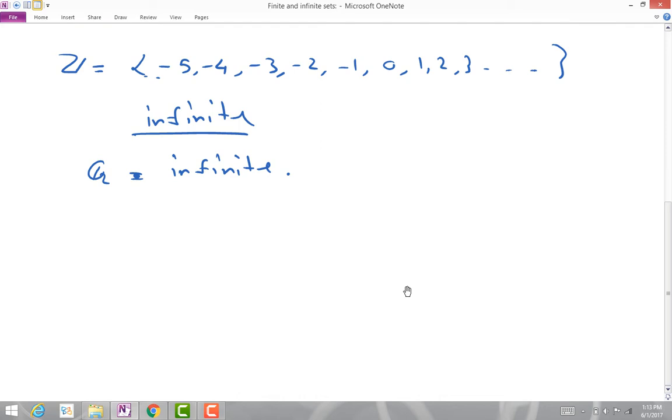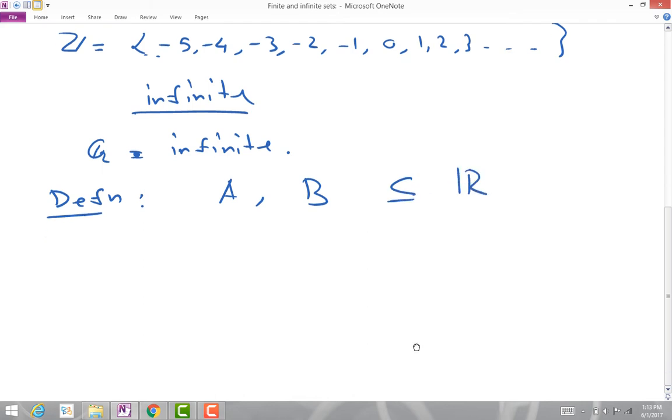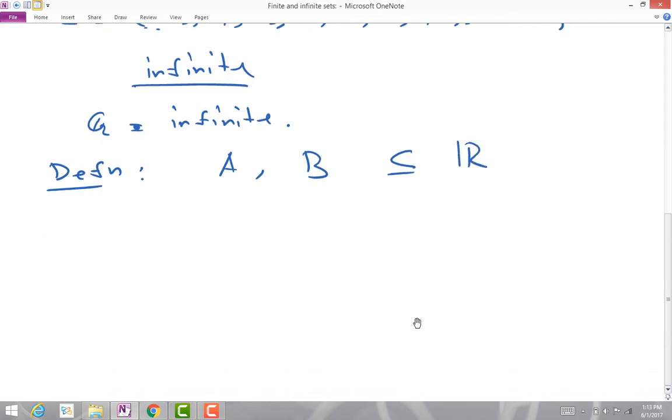Now if I have two sets A and B, since we are talking about the real line, we'll take these sets to be subsets of the real line. We say that A and B are equipotent. It's not a term that is common.